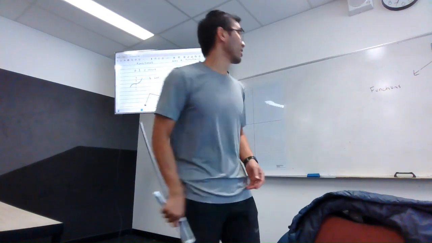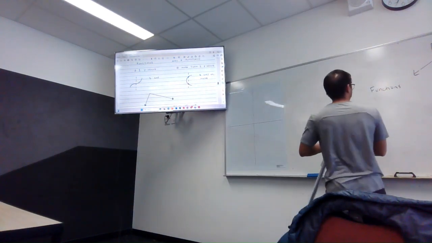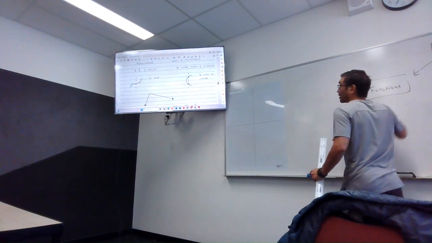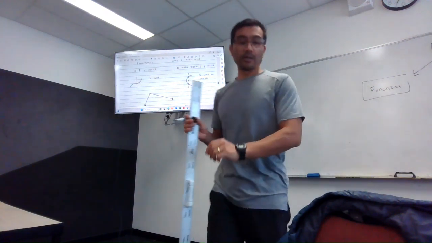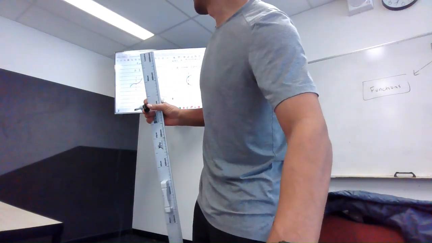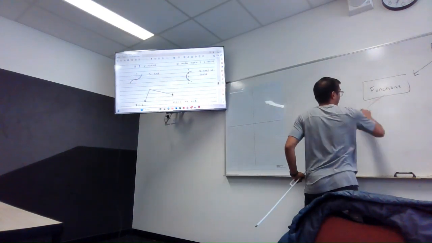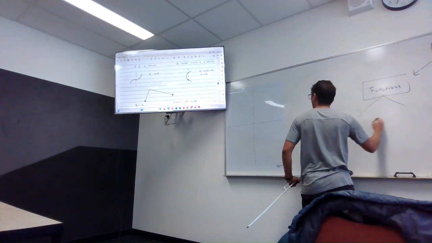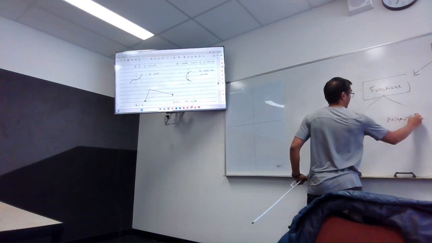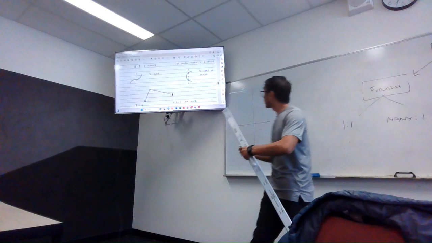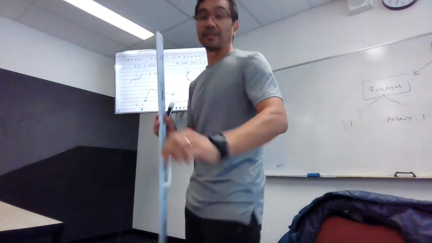What happens now is for functions only, there are two categories. Functions can either be one-to-one or many-to-one. What does that mean? This is what this means.